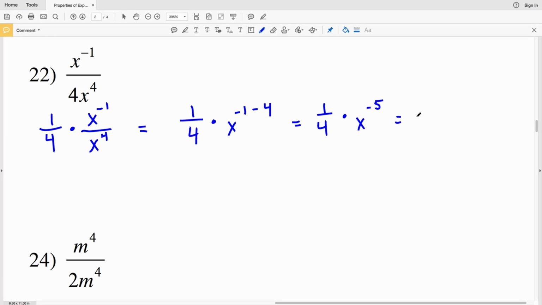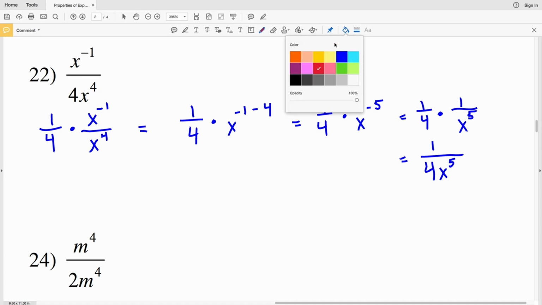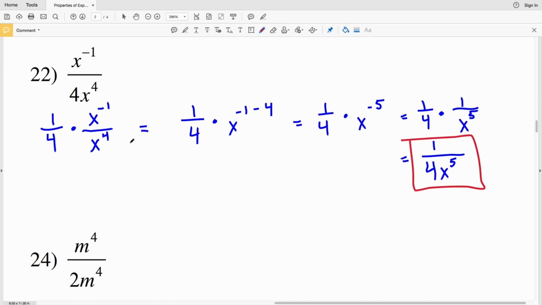So that can be rewritten as 1/4 times 1 over x to the positive 5, or 1 over x to the fifth, and simplifying again, multiplying my numerators, I'll get 1, and multiplying my denominators, I'll get 4x to the fifth. So 1 over 4x to the fifth is my solution in number 22.